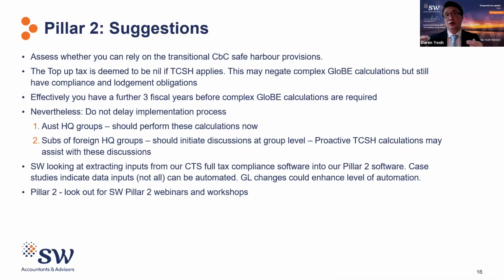You still need to lodge those 3 forms. You still need to provide general information, including your corporate group structure, but at least the complex calculations are deferred for potentially 3 fiscal years, which gives you additional time to consider the sources of data, automation, and software.